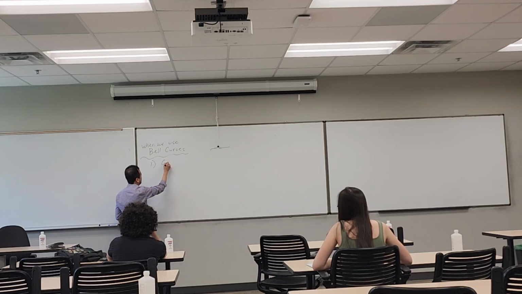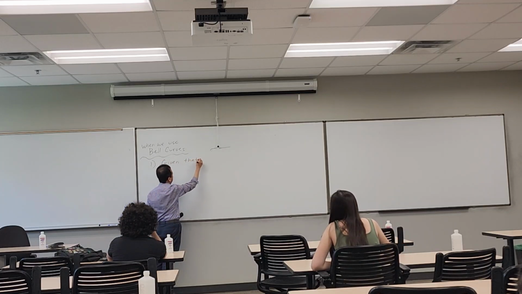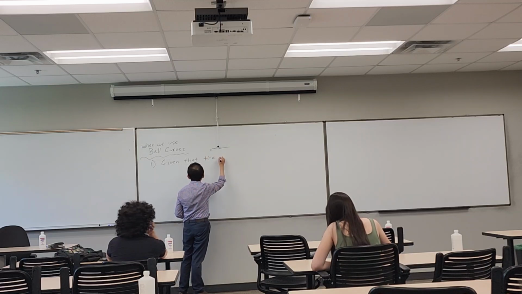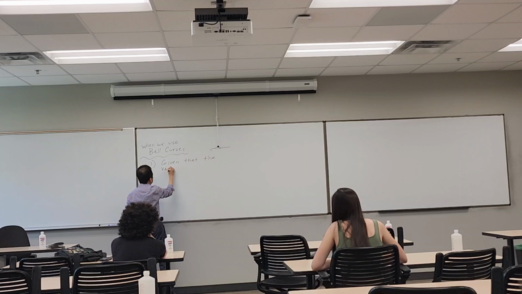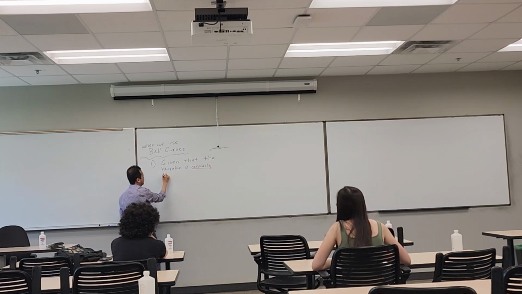So given that the variable is normally distributed, so normally distributed is just another word for distributed in the shape of the bell curve.